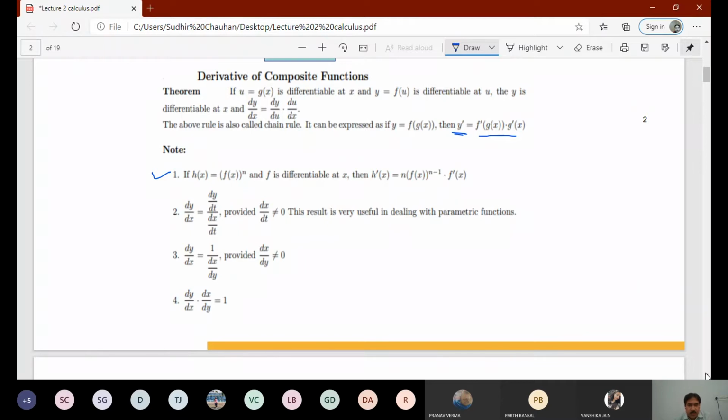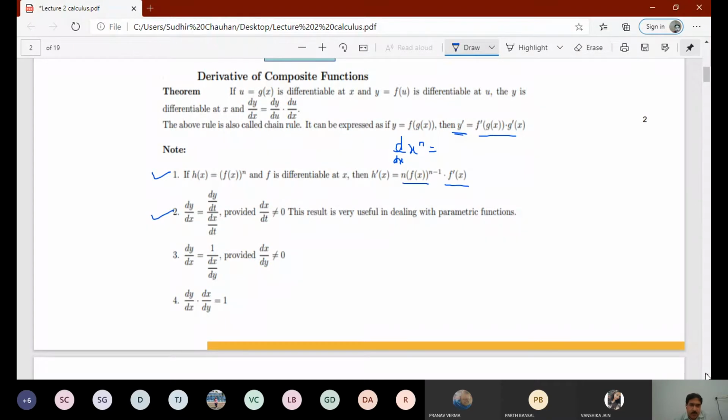What we have done is assumed f(x) as a function of x and applied the formula d by dx of x raised to power n is n x raised to power n minus 1. Then we multiply by the differential coefficient of f(x), which is f dash x.